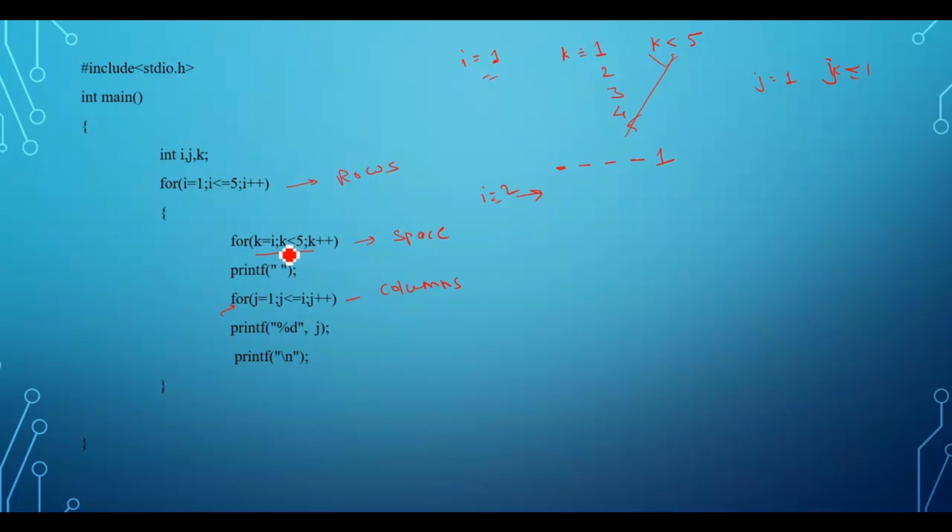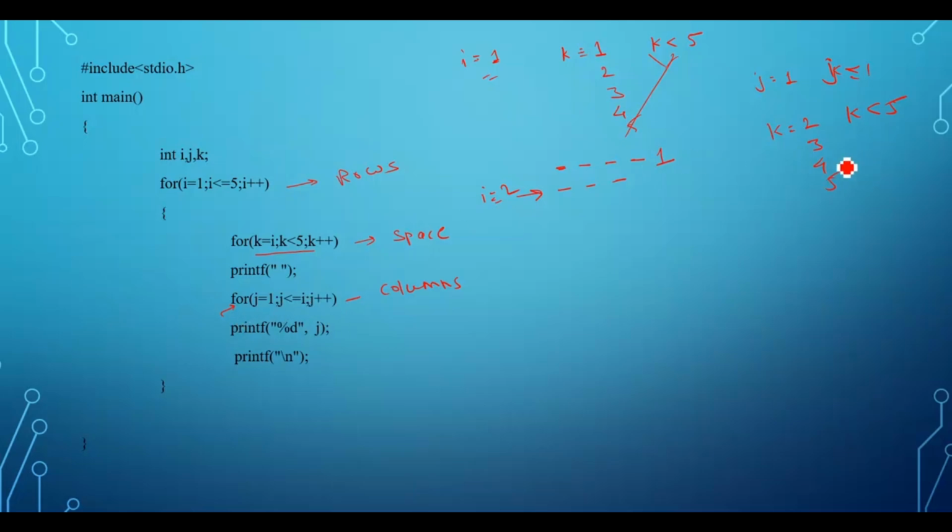So i becomes 2. Again the loop will now start from 2 and go to 5. So my condition is k is equal to 2 to k less than 5. So 2, 3 and 4, that means here it is going to leave 3 spaces. When k becomes 5, the condition will be false and it will go to the j loop.